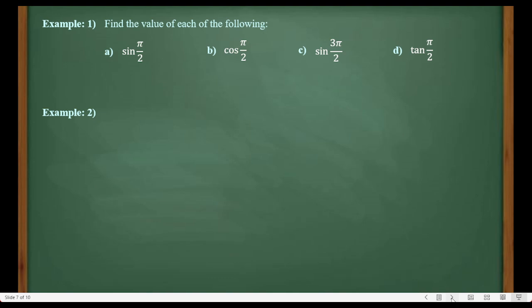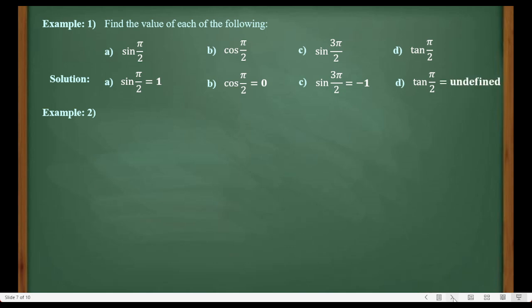Example, find the value of each of the following. Sine of pi over 2, letter A, that is 1. Cosine of pi over 2 is 0. Sine of 3 pi over 2 is negative 1. And tangent of pi over 2 is not defined.